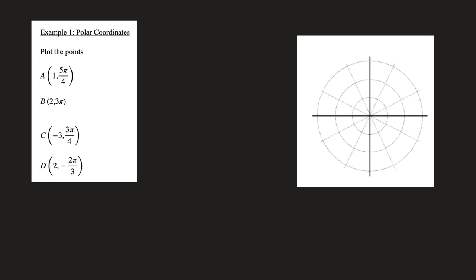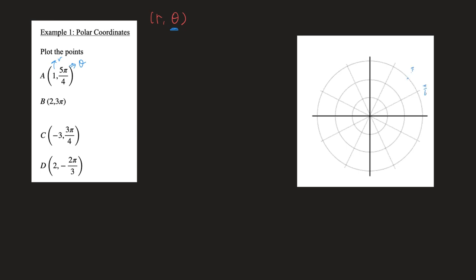Now, let's have an example for polar coordinates. In polar coordinates, you represent r and theta. So always start with the theta, okay? Let's plot A. r is 1, theta is 5 pi over 4. We already know this. This first line is pi over 6.